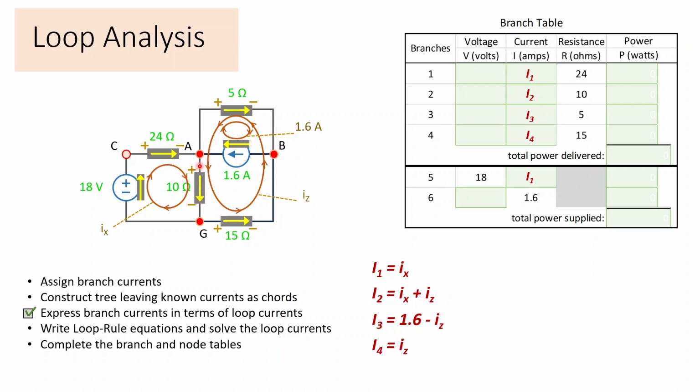Both Ix and Iz go down through the 10 ohms. So Ix plus Iz. I3 for the 5 ohms goes to the right in our branch current setup, and that's minus Iz plus 1.6. So 1.6 minus Iz is I3, and I4 for the 15 ohms, that just matches the direction Iz, so Iz.